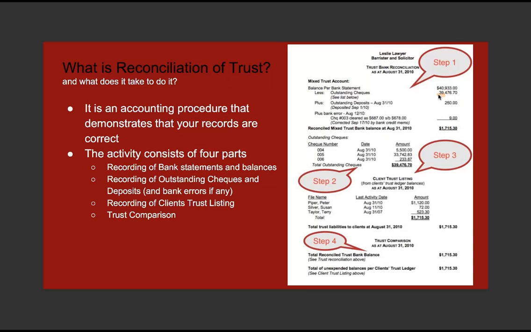Then you need to list all your outstanding checks and all your outstanding deposits. That's step number 2. Step number 3 is just a client listing. If this is your reconciled mixed trust balance, you list all your clients, your last date of activity, and the amount, and then add it up. Step 4 is making sure that these two amounts are exactly the same. This cannot take 3 hours.